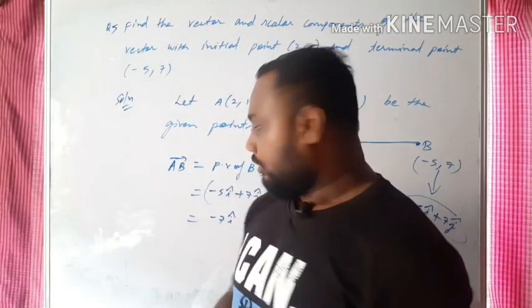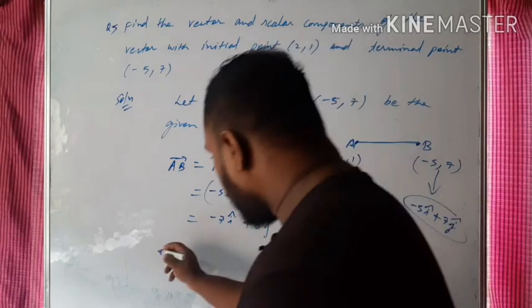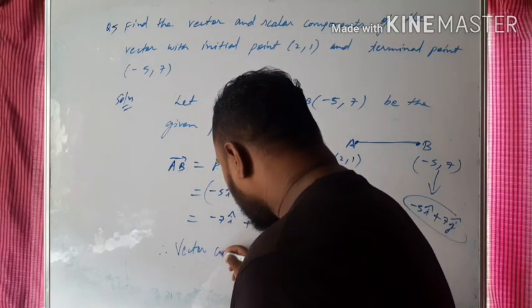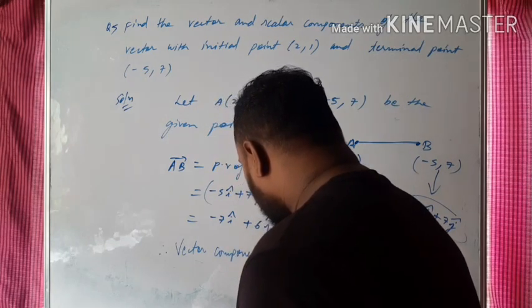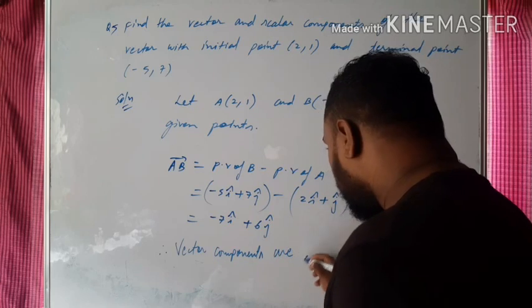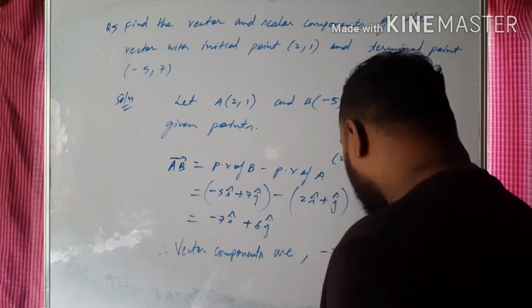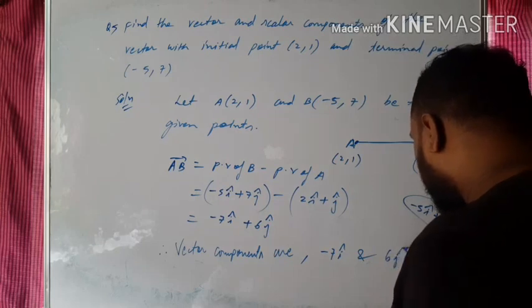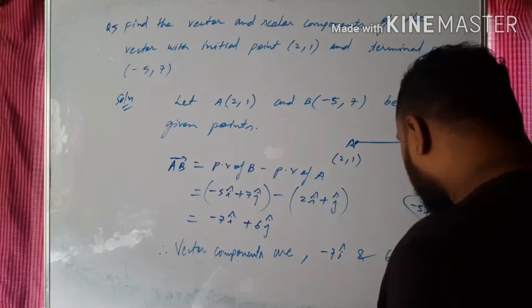Therefore the vector components are -7i and 6j. So these are the vector components.